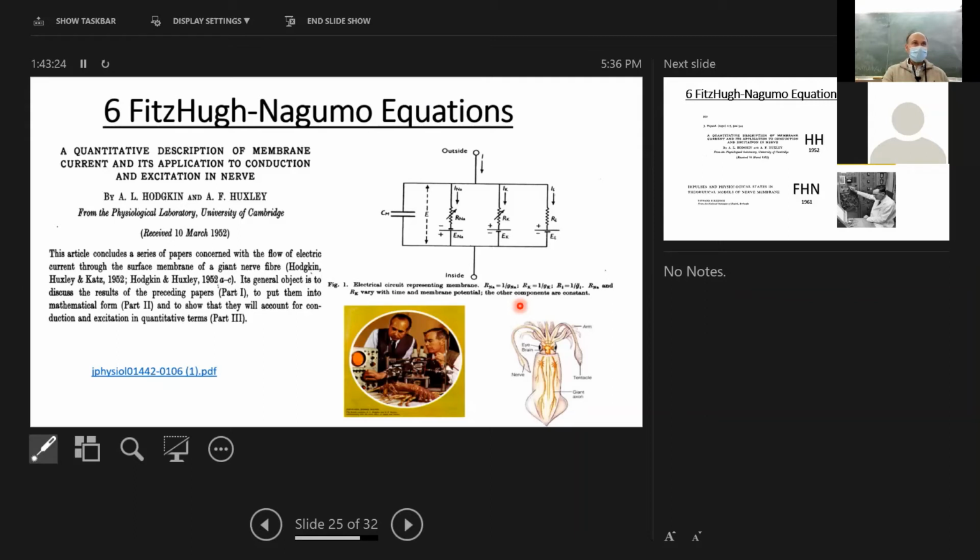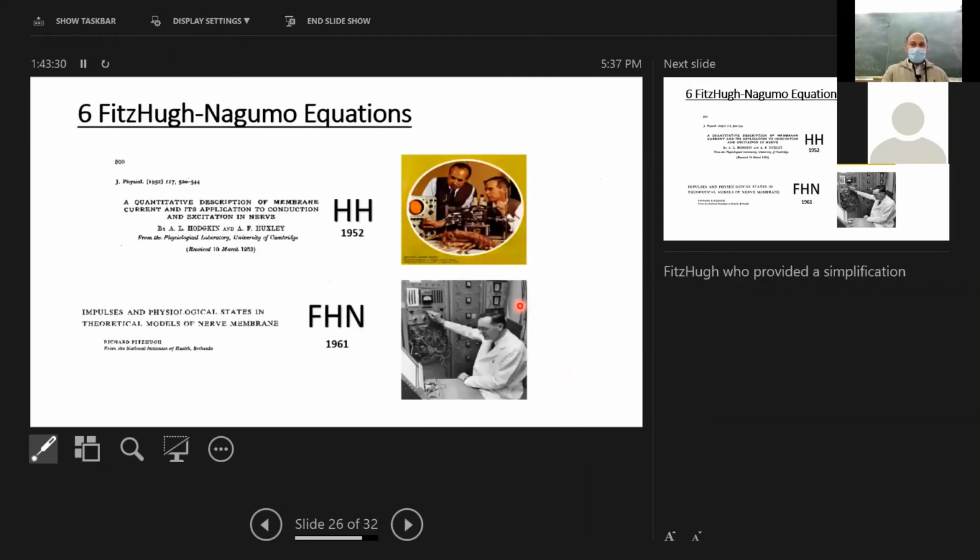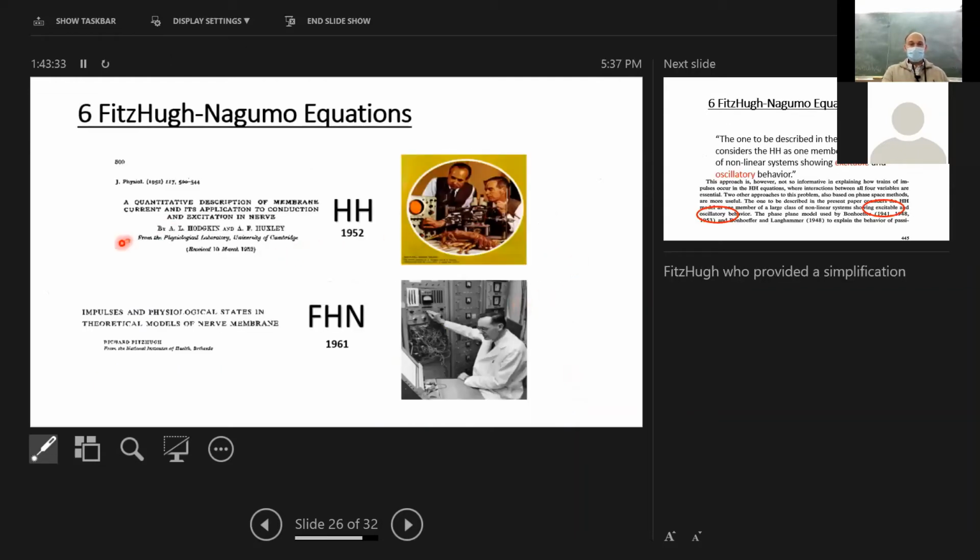All right, then in 61, Richard Fitzhugh, with a computer which was huge and much less powerful than your phone, studied and introduced a model to capture the main features of the Hodgkin-Huxley model.